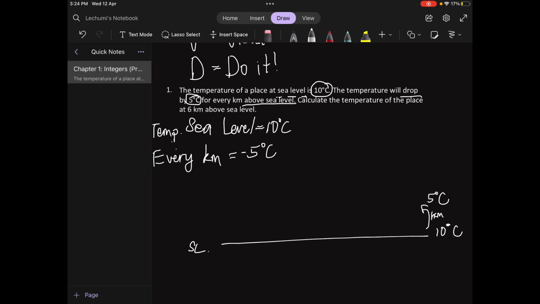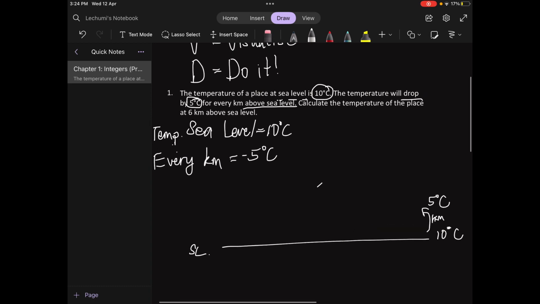For this question, you can actually just keep on going one by one till you get to 6 kilometers point. But for the sake of using what we have learned from the first video, I'm going to write out a mathematical equation for it. So as we know, 6 kilometers means go up 6 times.